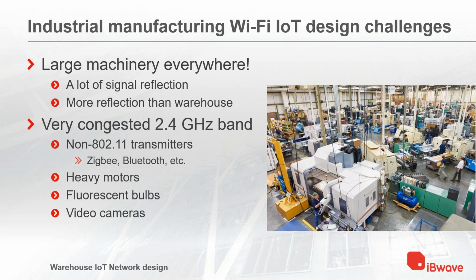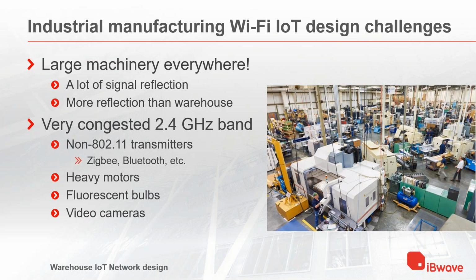And also, unlike a warehouse, this may be a very congested 2.4 gigahertz band. Why is that? There are other non-Wi-Fi transmitters that work at this band, such as Zigbee or Bluetooth, maybe some others. Then there will be heavy motors, which can emit a non-RF signal that can end up at 2.4 gigahertz and cause excessive noise.